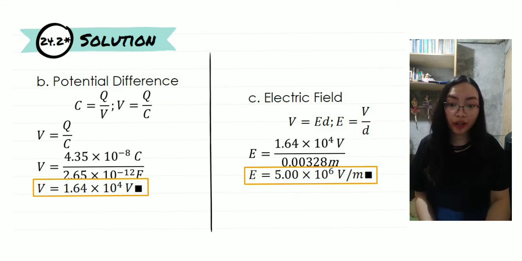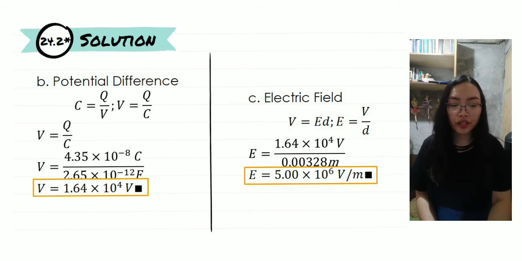Our Q is part of the given, and the capacitance is what we solved in the first part of the problem. So we need to substitute these values, and once we do that, we will get a value of 1.64 times 10 to the 4th volts. And this is the value of our potential difference.